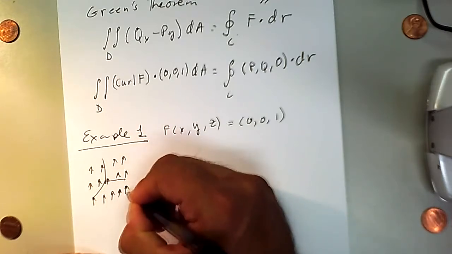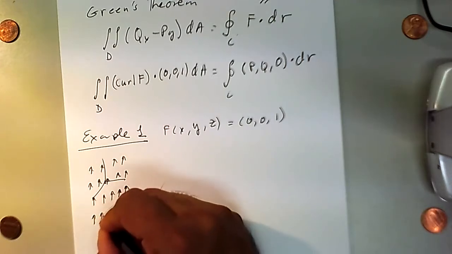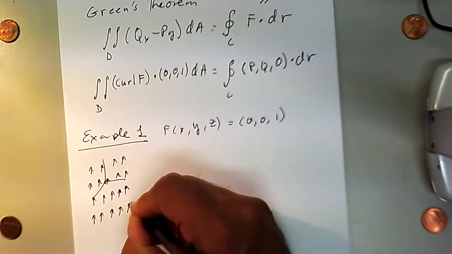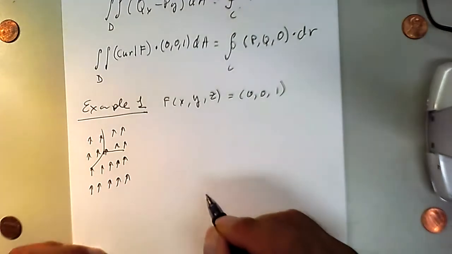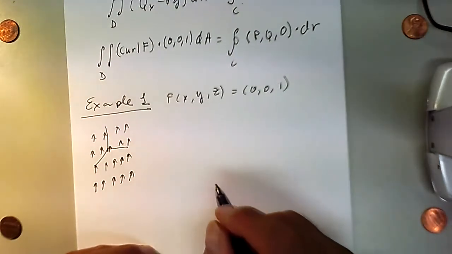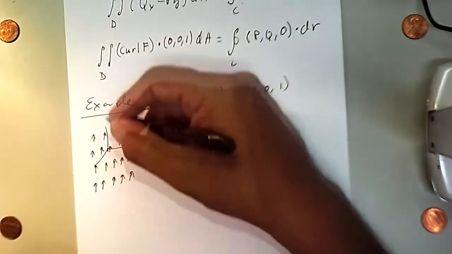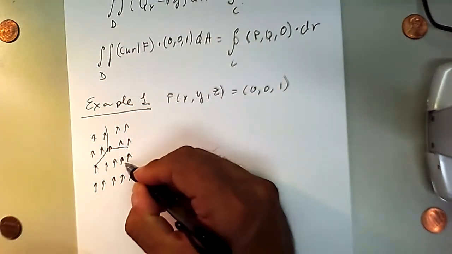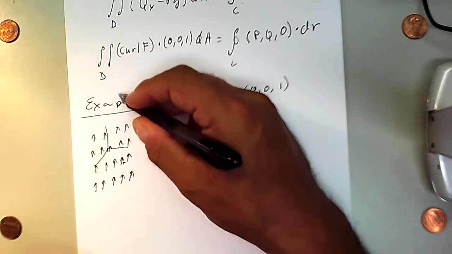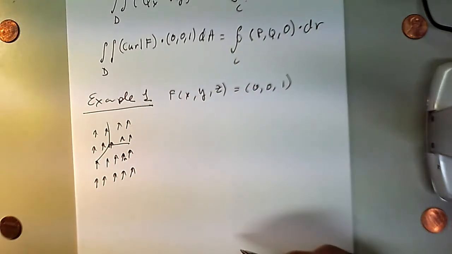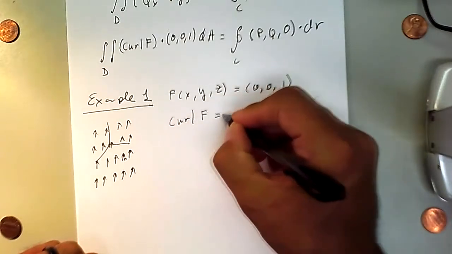Pretend there's a huge fan way down here, and all the air is going up exactly in the same way. I don't know if a fan will do that. I don't know enough about flow mechanics, but pretend there is just a constant flow of air going up. So if a particle is floating here, it will just be picked up by the wind and move uniformly up with a constant speed.